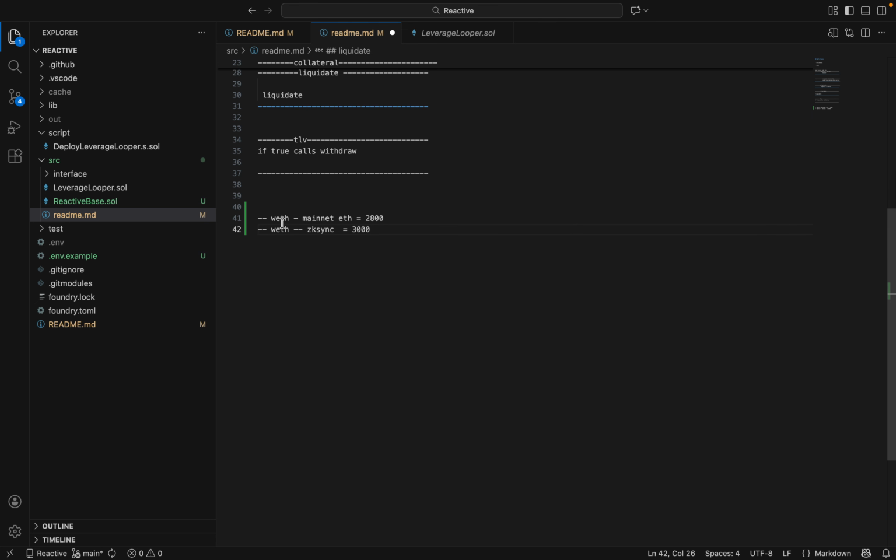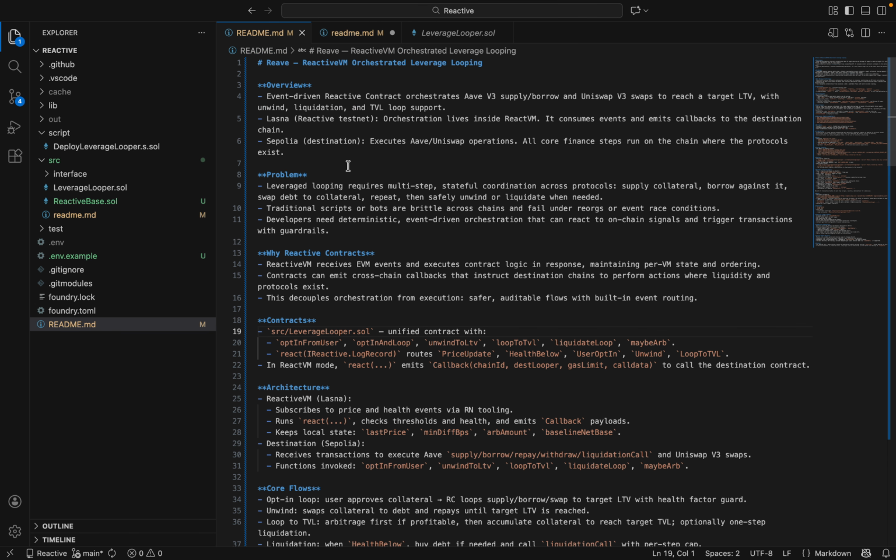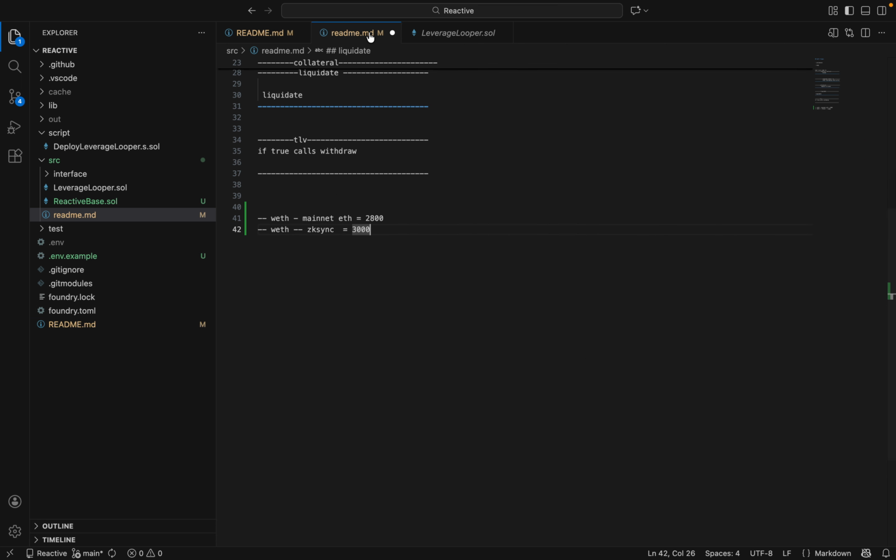The user provides USDC and we buy Ethereum on the chain with the lowest price for USDC. Then we swap that Ethereum for USDC on the chain with the highest price.